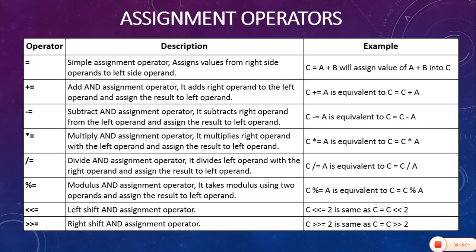Now comes the last operator, which is the assignment operator, and it is part of almost all C++ programs. The equal to sign is considered the assignment operator. It assigns the value from the right side operand to the left side operand.